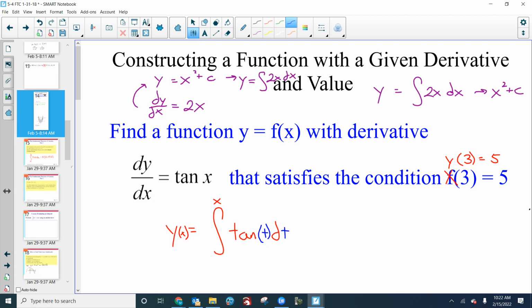How do we make this go through the point 3, 5? Let's see. What if I plug in, don't write this down, what if I plug in 0 for the lower bound? When I plug in 3, what do I get?